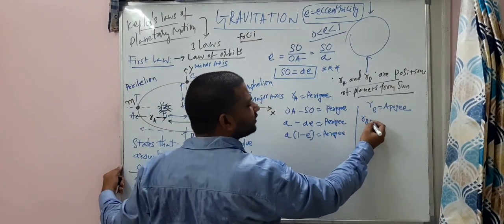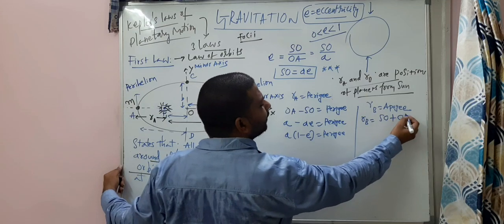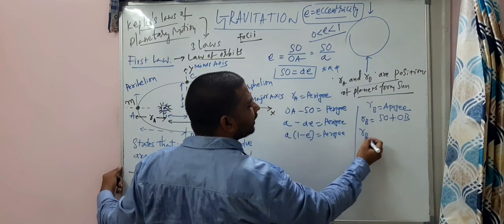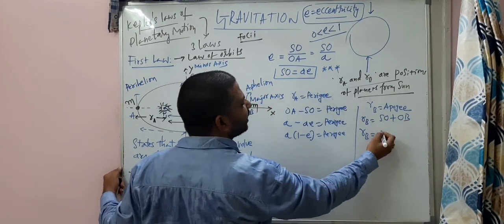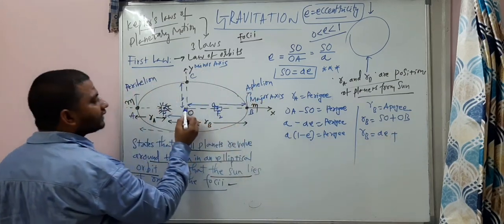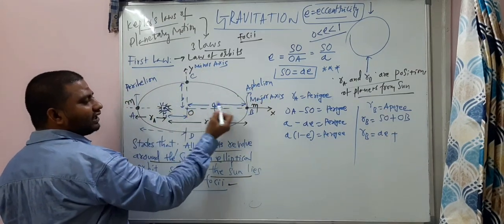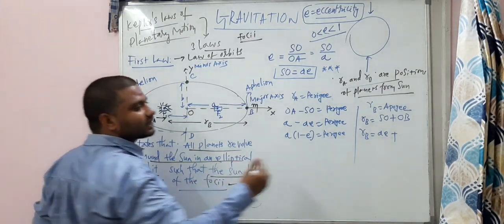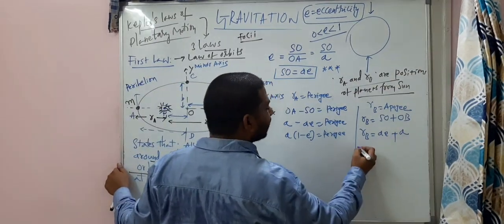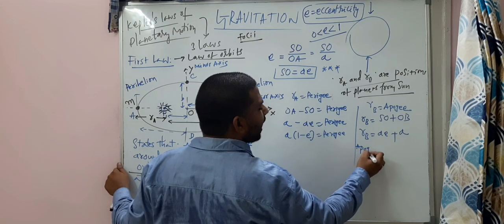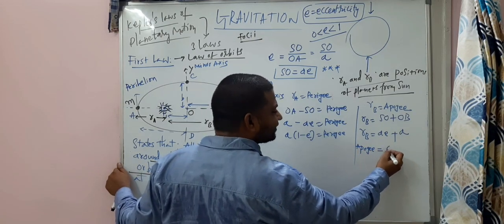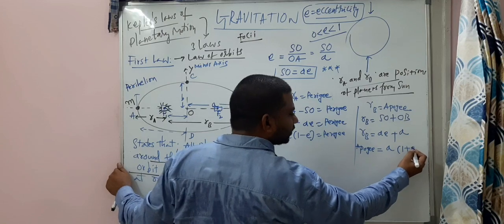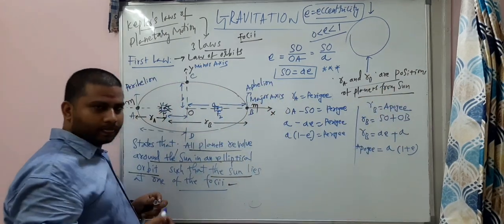So RB is equal to SO plus OB, and SO is AE plus OB, which is already written as A, the semi-major axis. So now apogee, I can write it with A taken common: 1 plus E, my dear students.